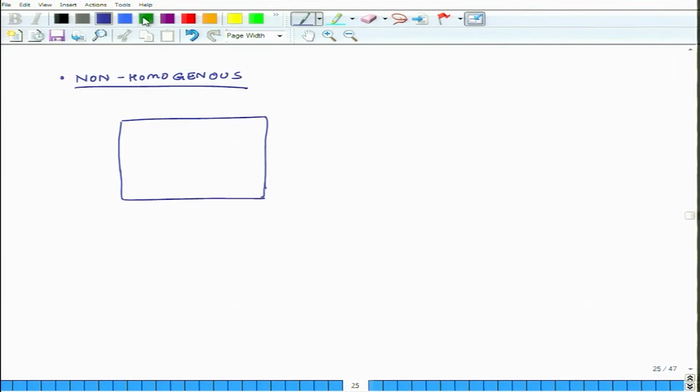To understand its Young's modulus, I can cut a small piece of metal from location 1, another piece of metal from location 2, another piece of metal from location 3, and then for each of these locations I can do a tensile test.